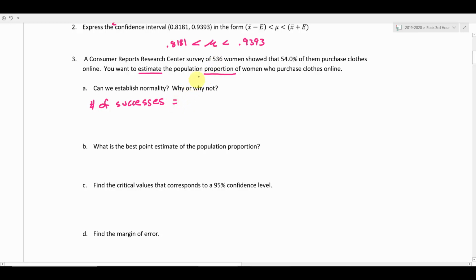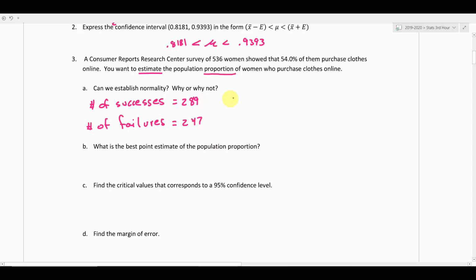And so I do 0.54 times 536, and you would find that you had 289 of these 536 women purchase clothes online, right? And then to get the number of failures, you would just do 536 minus the 289 to see who didn't shop for clothes online, and that was 247 of those women.